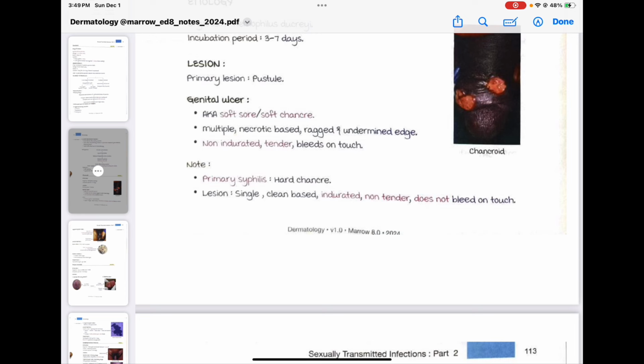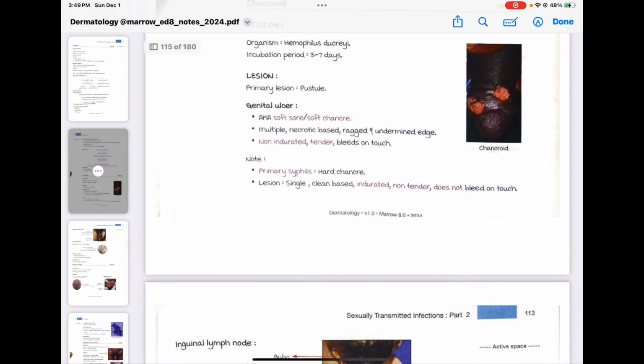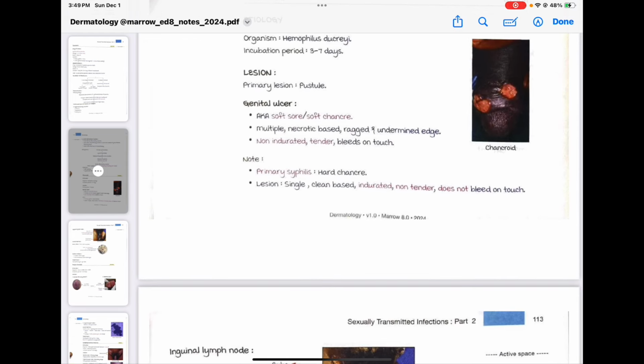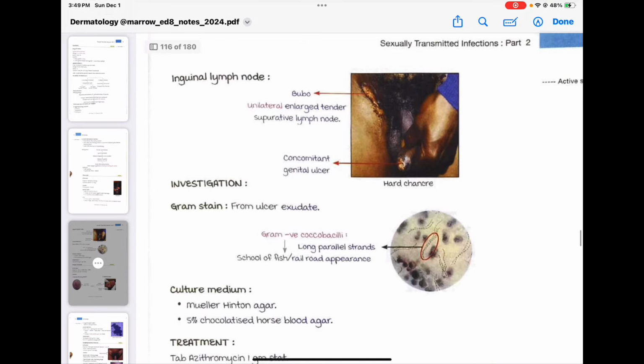Approach to genital ulcer disease. If the ulcer is single and non-tender: primary syphilis, lymphogranuloma venereum, donovanosis. If multiple and tender: chancroid, genital herpes.